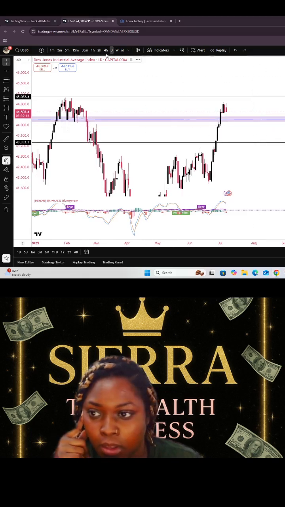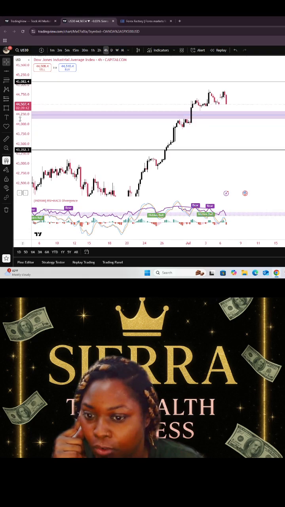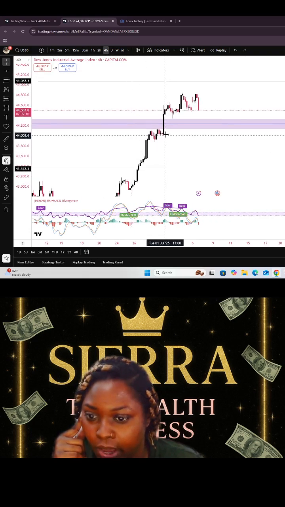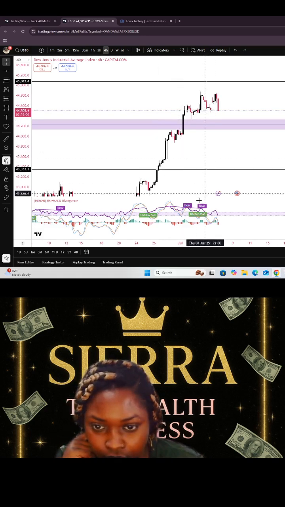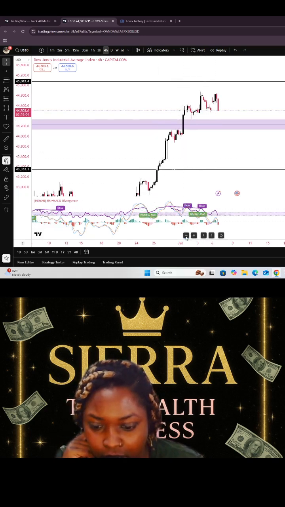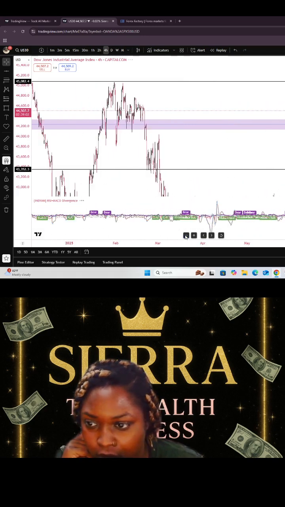Okay. Now let's go down to our 4 hour. And as you can see, we have that same gap here on the 4 hour. This price is freaking dropping. We had a gap here, which is what price is reacting to.